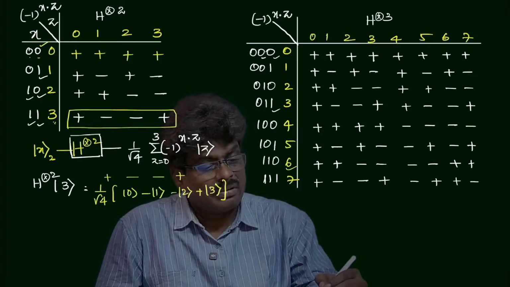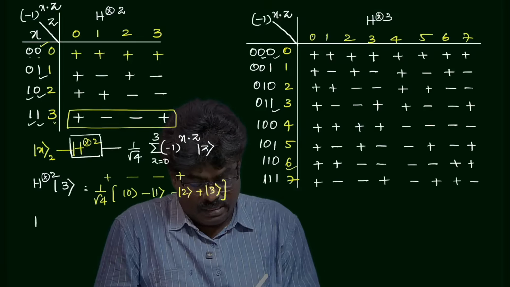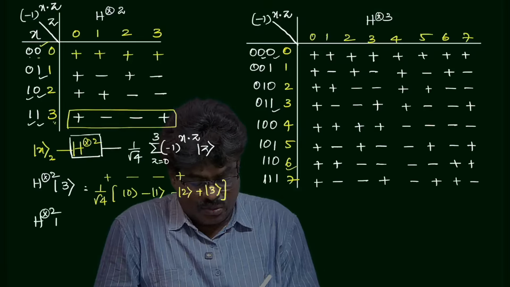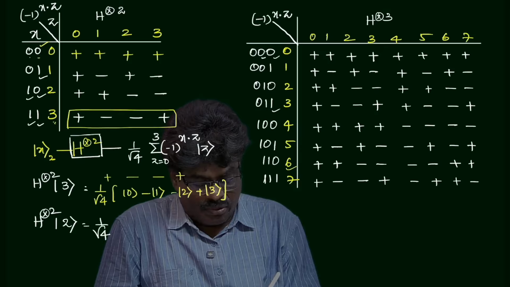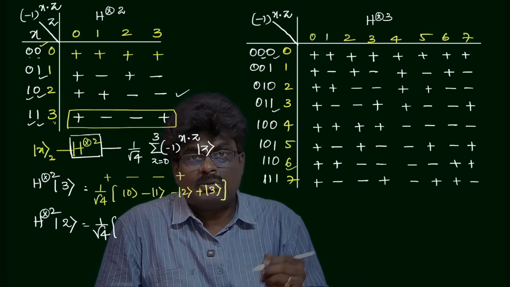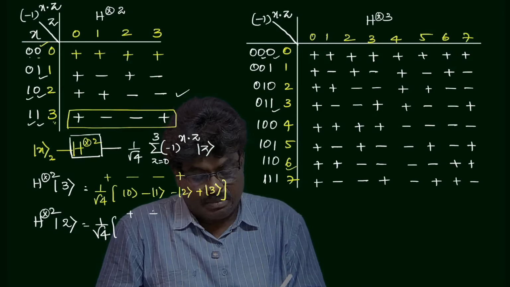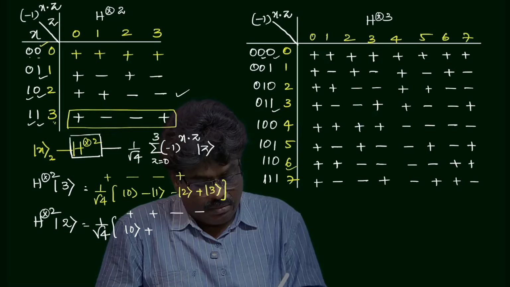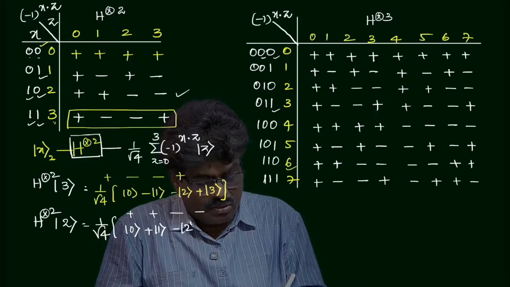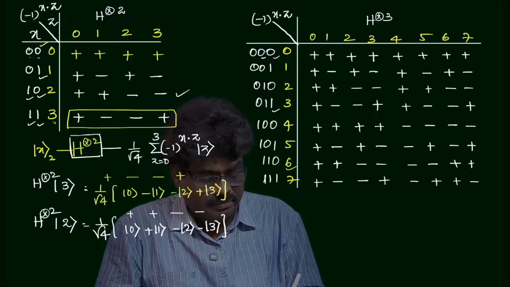One more, if you are not understanding: H tensor 2 operating on 2. So this is 1 over root 4. Just go to this 2, we have signs plus, plus, minus, minus. So this is nothing but 0 plus 1 plus 1 minus 2 minus 3.